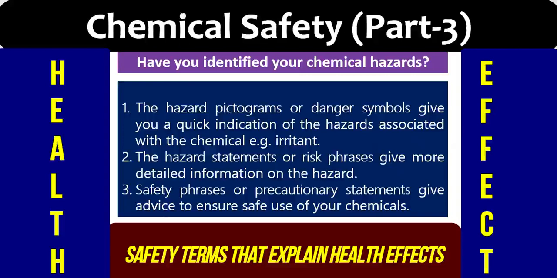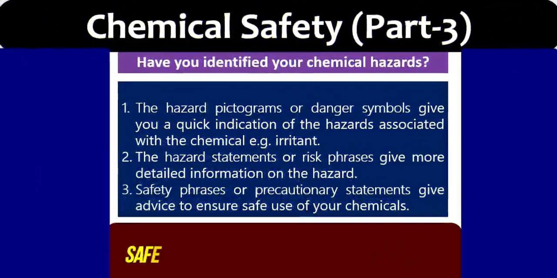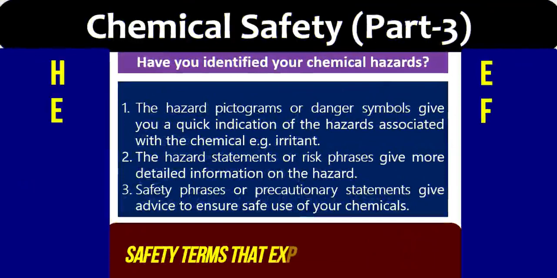Number one, the hazard pictograms or danger symbols give you a quick indication of the hazards associated with the chemical. For example, this chemical is an irritant or flammable. Number two, the hazard statements or risk phrases give more detailed information on the hazard. Number three, safety phrases or precautionary statements give advice to ensure safe use of your chemicals at work.